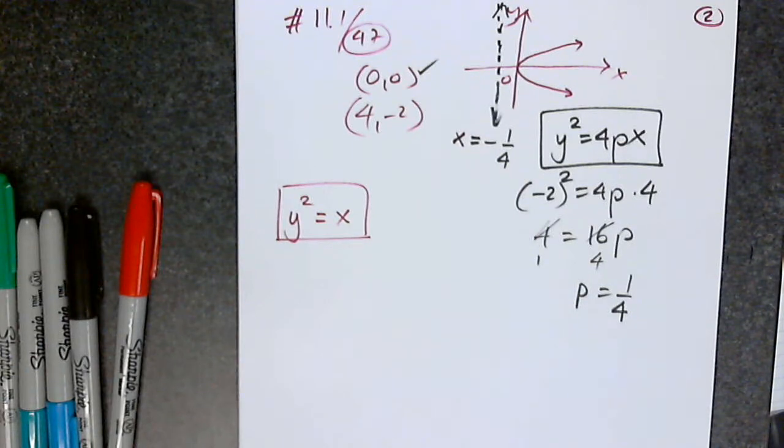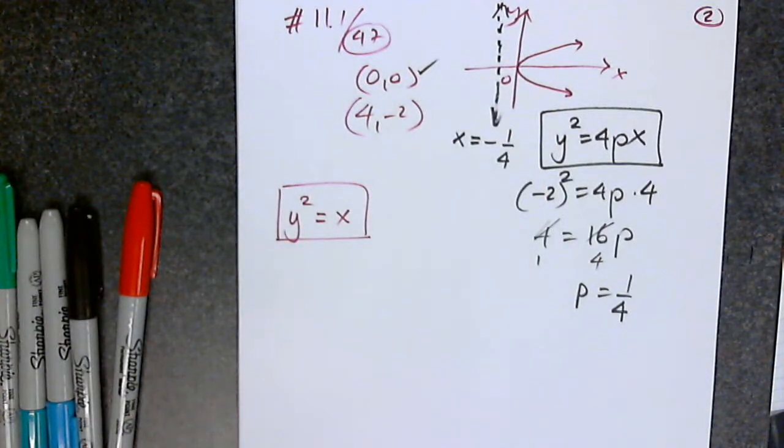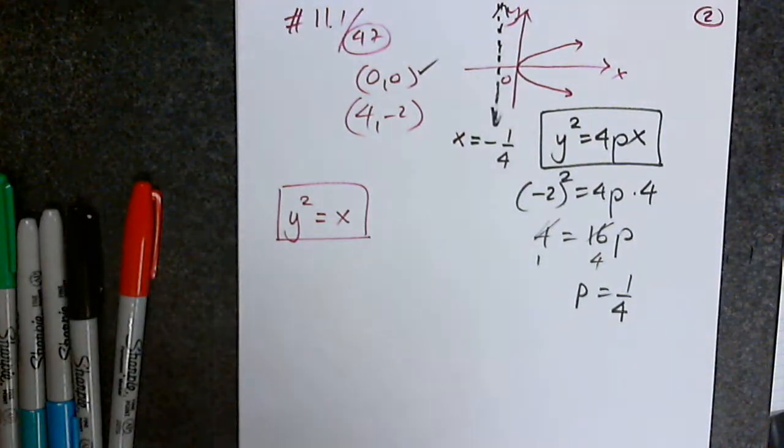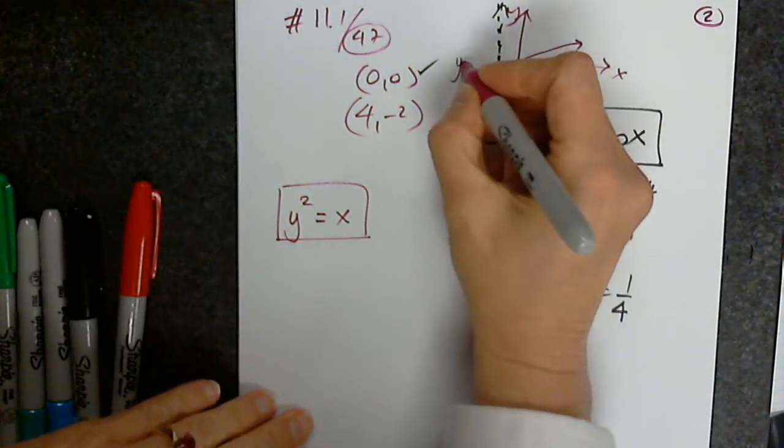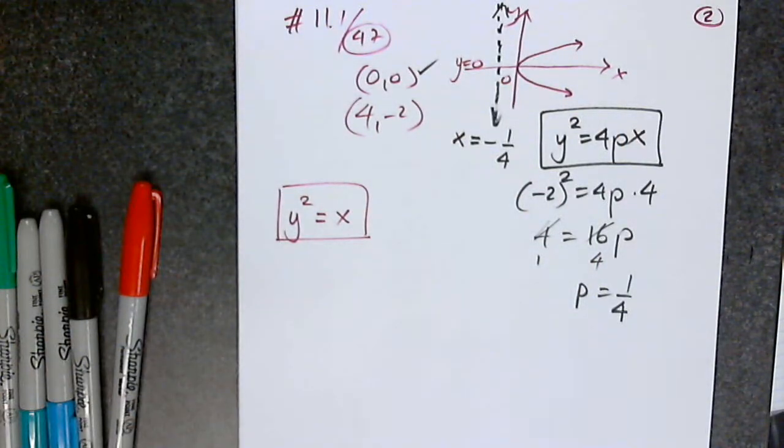Any questions? Any questions on 47? Now, if I were to ask you, what is the axis of symmetry of this parabola? Please give me the axis of symmetry of this parabola. Awesome. Y equals 0 is indeed the axis of symmetry of this parabola.